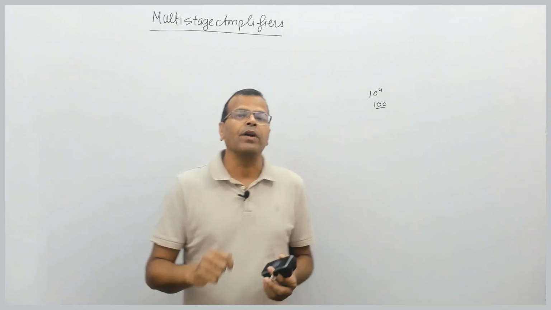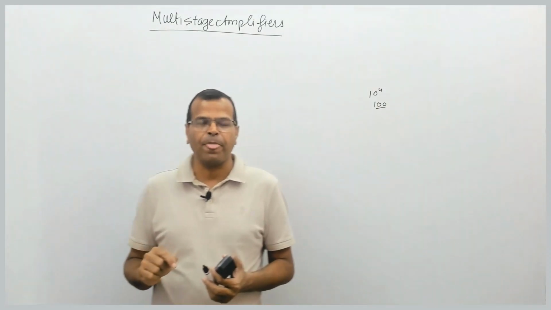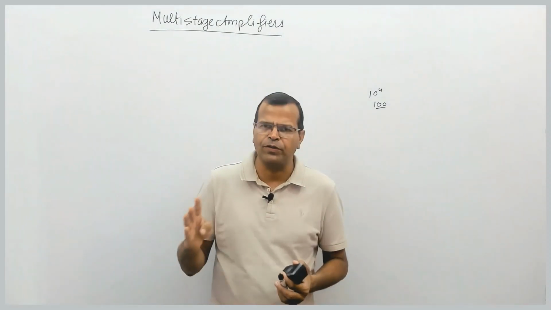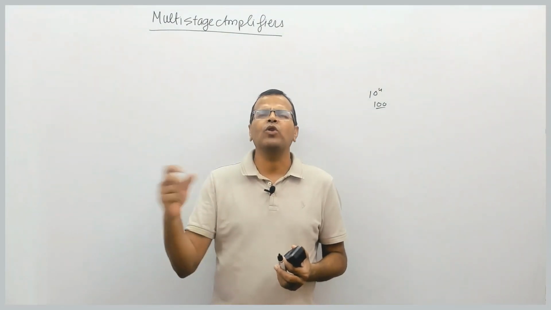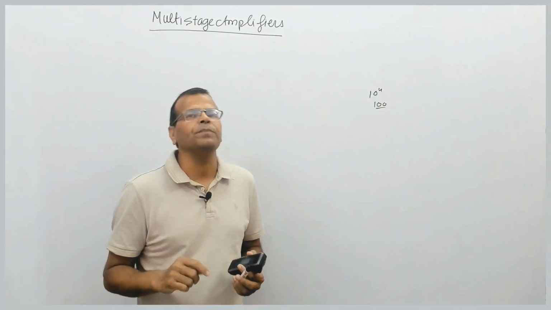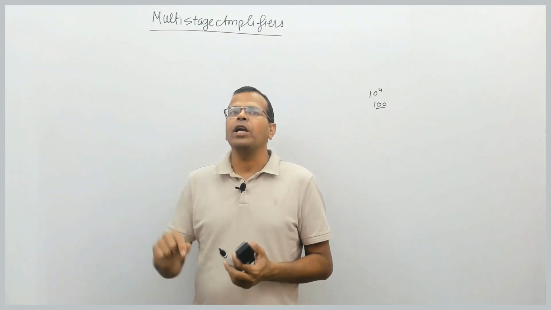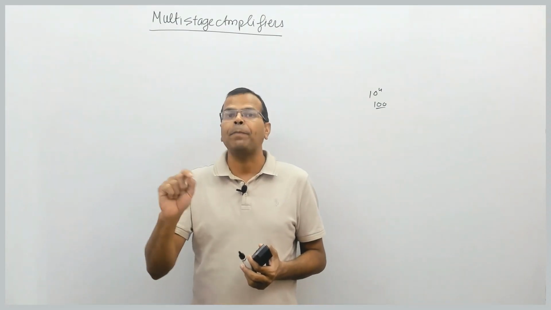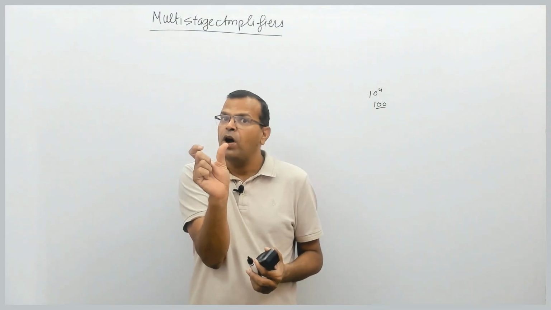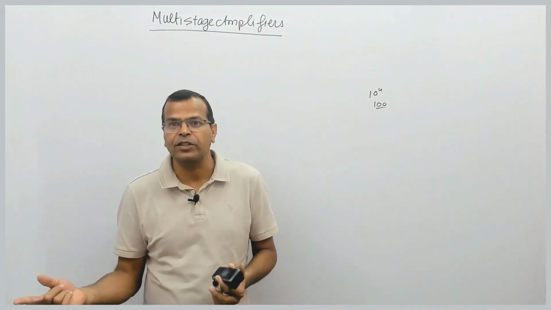For example, we have the RC coupled multi-stage amplifier. There are basically 3 to 4 types of multi-stage amplifiers, but most commonly classified are 3. RC coupled multi-stage amplifier, in which we make use of a resistance and capacitor for coupling of the output of the previous stage with the input of the next stage.